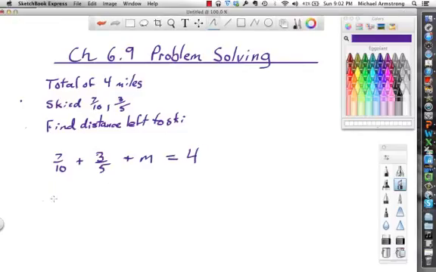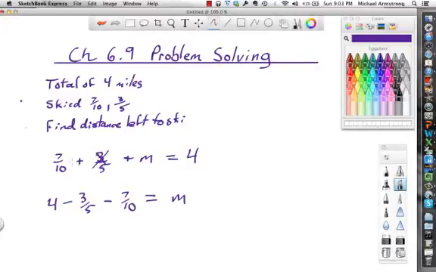So we're going to work backwards. We're going to start with 4, and we're going to subtract. Today is 3/5. Yesterday was 7/10, and that should leave us with M. That's the one that we don't know. So we start with this, we get rid of this one.